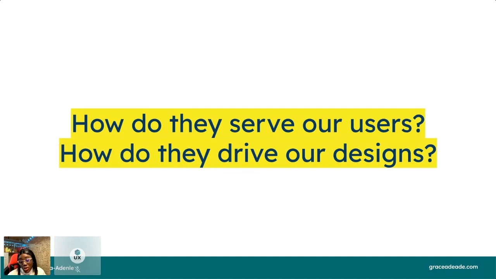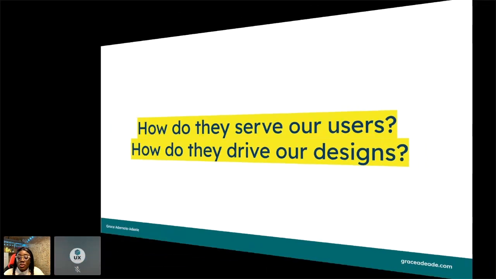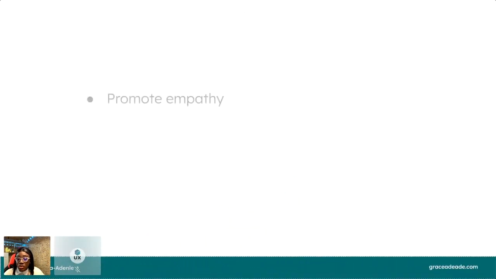Now this is the good part, right? Which I've already touched on a bit. How exactly do personas serve our users? They serve our users, I mean, in some ways. They drive our designs in some good ways, one of which is it helps us to promote empathy. We understand, like the one we just looked at, we actually understand the context, we understand the frustration.